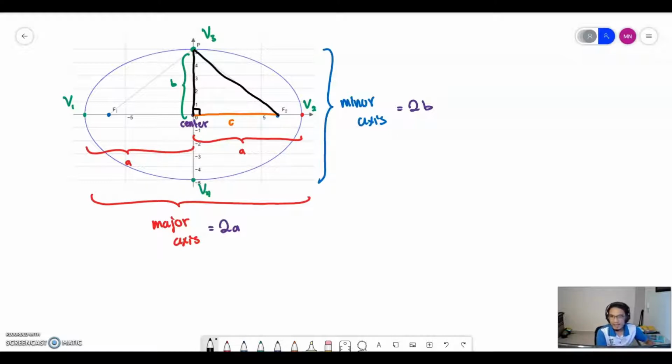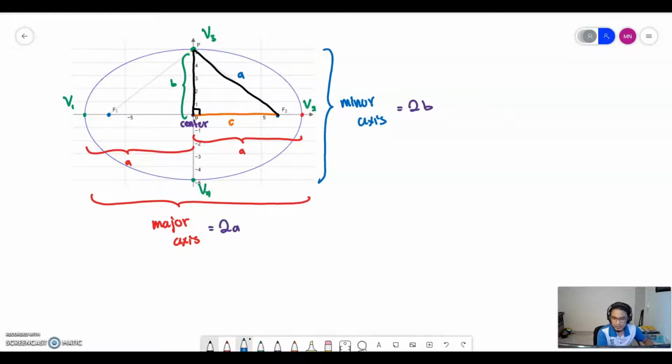The length from V3 to F2 is the same as the length of a, which is half of the major axis.